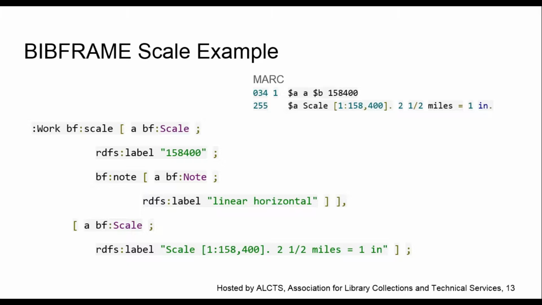This is what it looks like as applied to a specific resource. And I should mention here that the BIBFRAME RDF example data that I'm going to be presenting today was generated from the Library of Congress MARC to BIBFRAME comparison viewer, which is an online tool that allows you to pull up MARC records from the LC catalog and do a MARC to BIBFRAME conversion on the fly in order to do side-by-side comparisons of the MARC and BIBFRAME data.